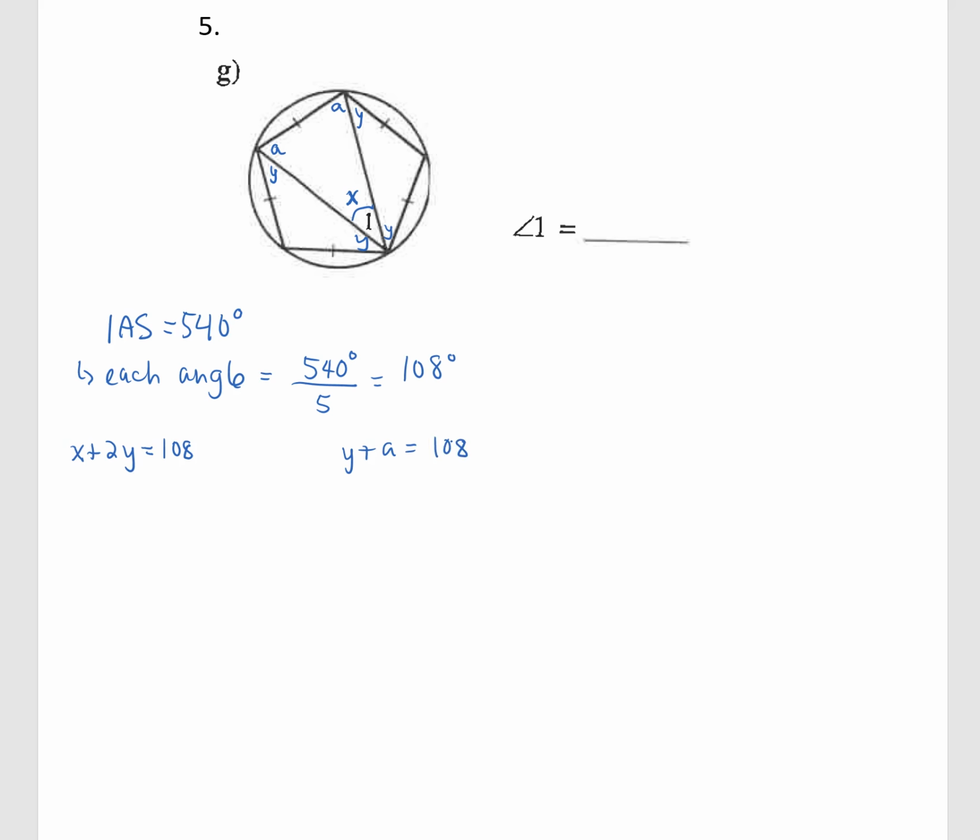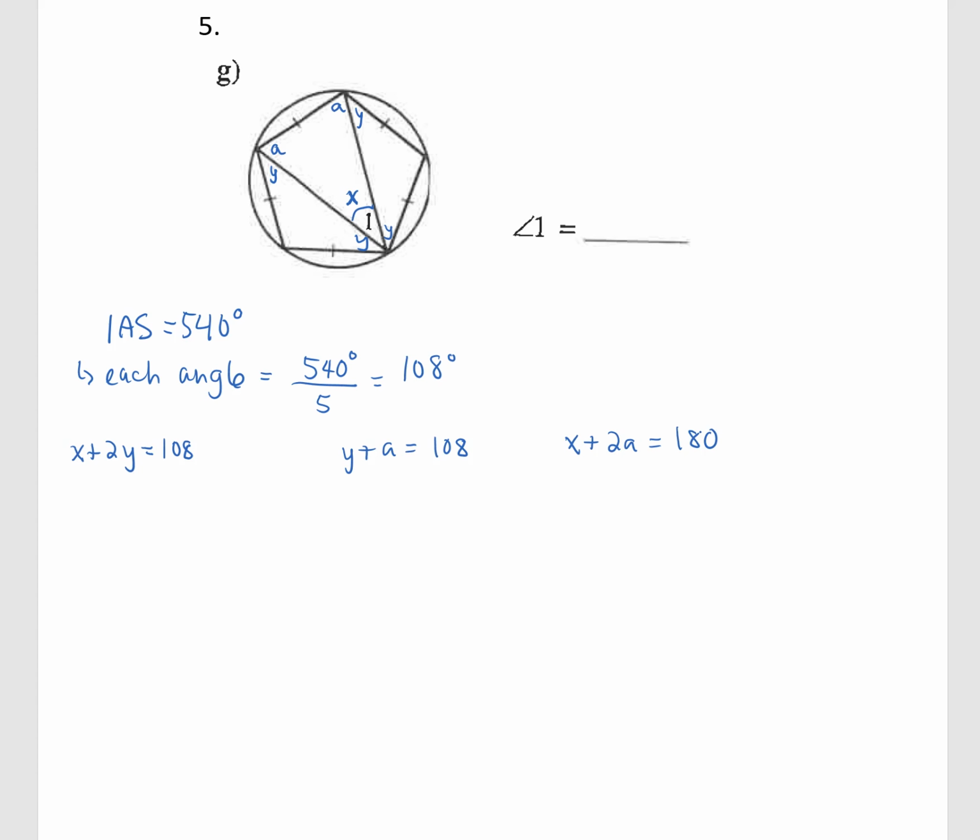The last equation we can come up with is for this triangle here. We know that the angles in a triangle add up to 180 degrees, so x plus 2a equals 180 degrees. So what we have here are 3 variables and 3 equations, and we can solve this for what we're interested in, which is x.